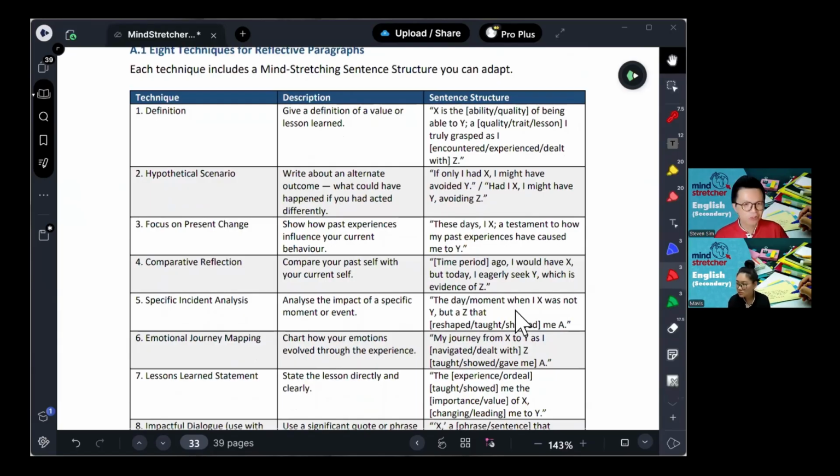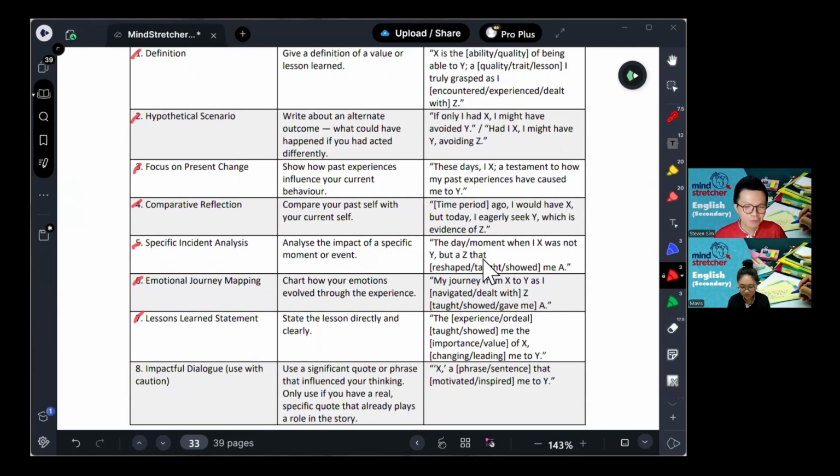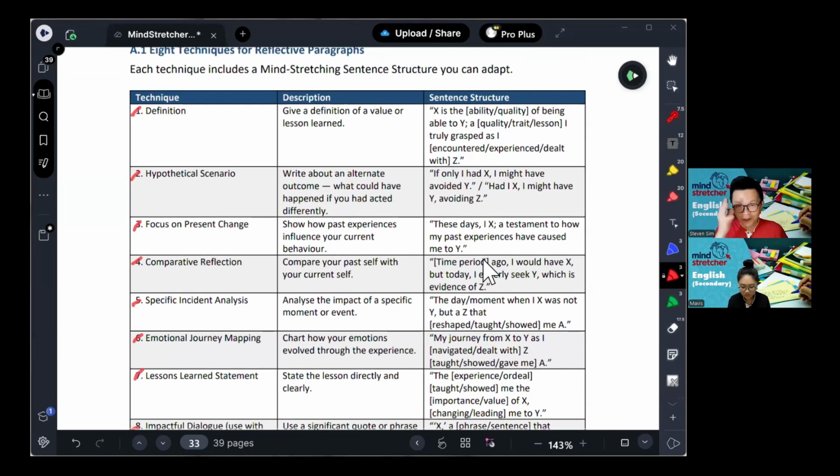So you use the specific technique. If you don't learn the technique, you can't use the technique. You must study and understand, and then you use the technique. And then if you understand it, then you have the sentence structure. So the sentence structure is the thing which you must memorize. You must memorize, you must practice writing out by yourself.